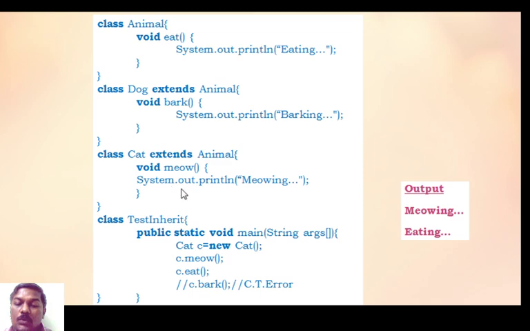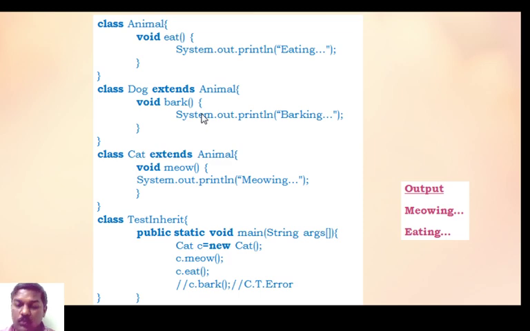I can use the meow method or the base class method from the Cat, but I cannot call the Dog class methods, because I have not created an object for the Dog. So the compiler will give an error message. So this is the concept of hierarchical inheritance.